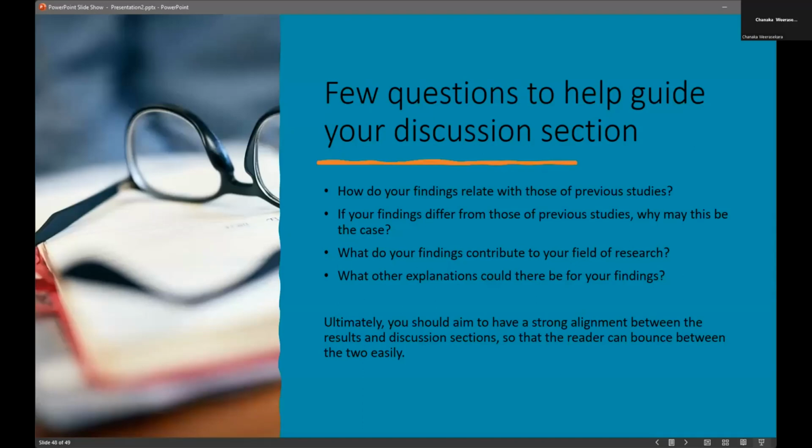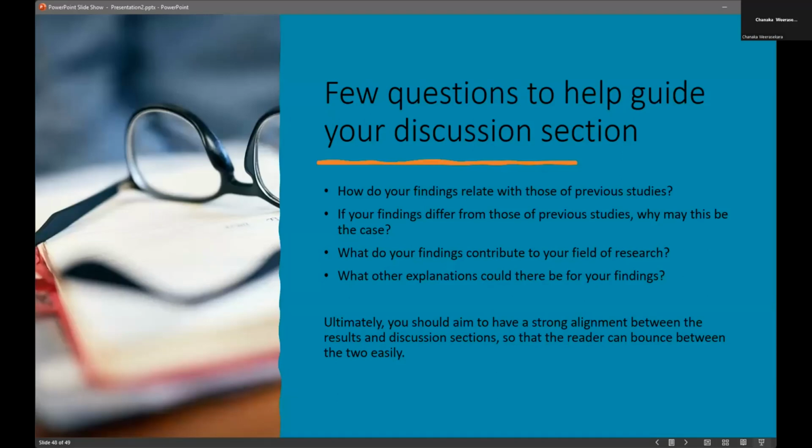And the third one is, what do your findings contribute to your field of research? What sort of impact have we created? What sort of contributions have we made towards the existing body of knowledge?